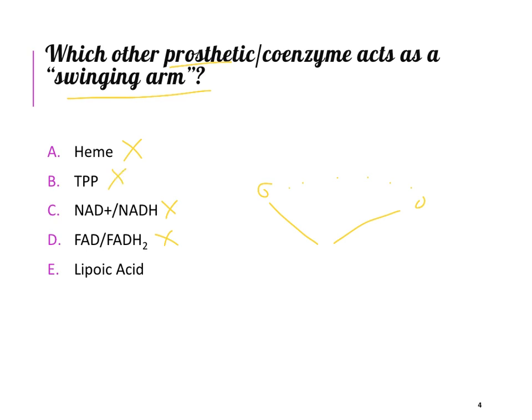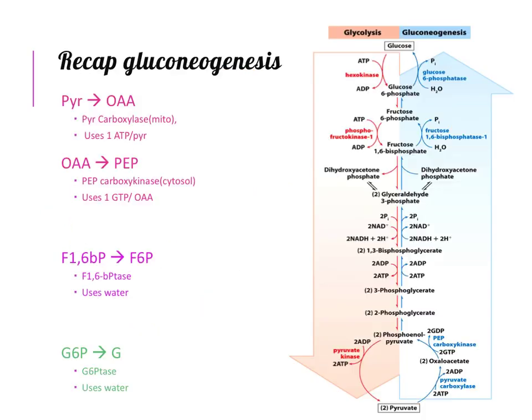TPP would be a decent choice because it's at least involved in the same enzyme. But if you remember, lipoic acid sits at E2 of the PDC, which is right in between E1 and E3, and it's able to pick up carbons from E1 and then eventually swing back over to E3. Anyways, just trying to make some connections from before.